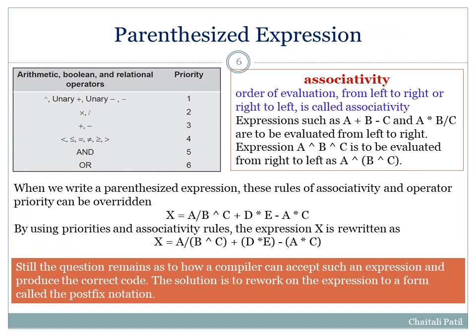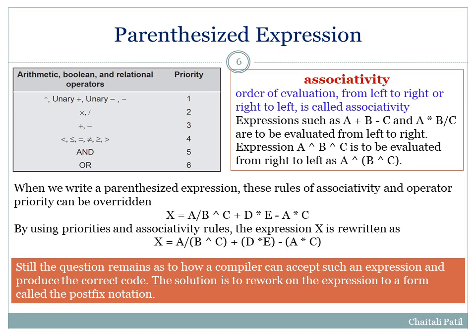So parentheses are important. While solving a parenthesized expression, we may have to consider the order of the operators and associativity.